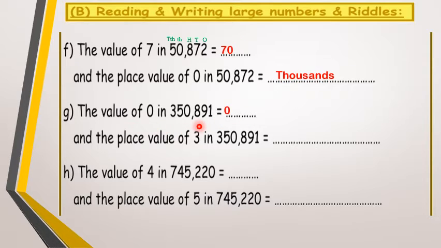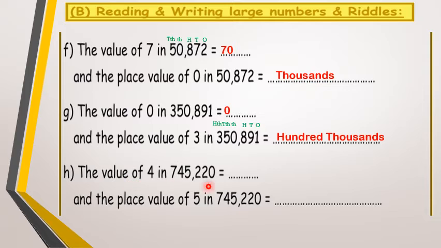So it's 0. The place value of 3 in this number: I'll put here ones, tens, hundreds, thousands, and 10,000s. So it's going to be 100,000.